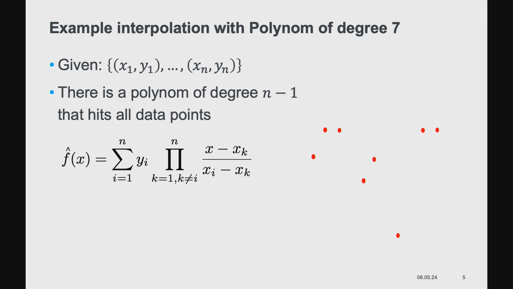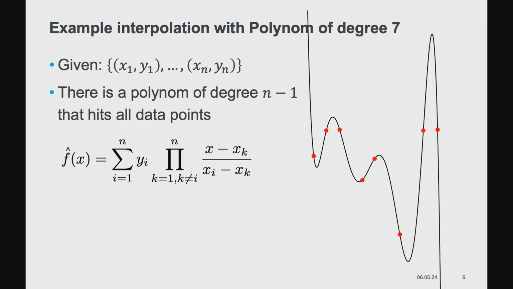So if you do this exercise for x1, you will see that if you put in x1 here and do all the rest, you will exactly return y1 and nothing else. And this way, for example, for these 8 points, you interpolate with a polynomial of degree 7. This polynomial hits all the data points perfectly and gives you predictions for other values.